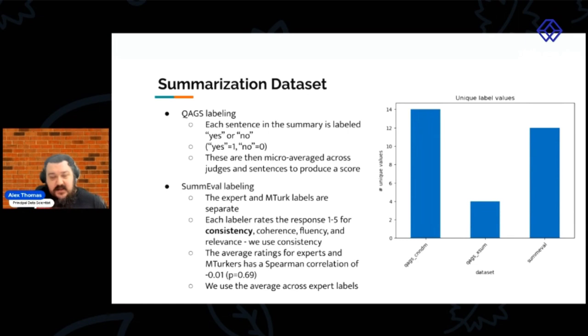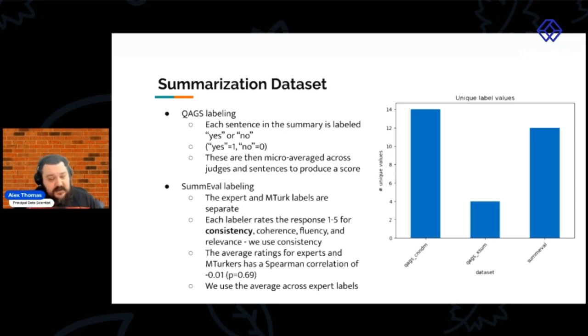So for the CAGS labeling, each labeler will label each sentence as a yes or no, as in, is this a good sentence in the summary? Is this accurate for summarization or no? And then what we do is we take a micro average across the whole response. For SumML eval labeling, there's the expert and MTurk labelers.